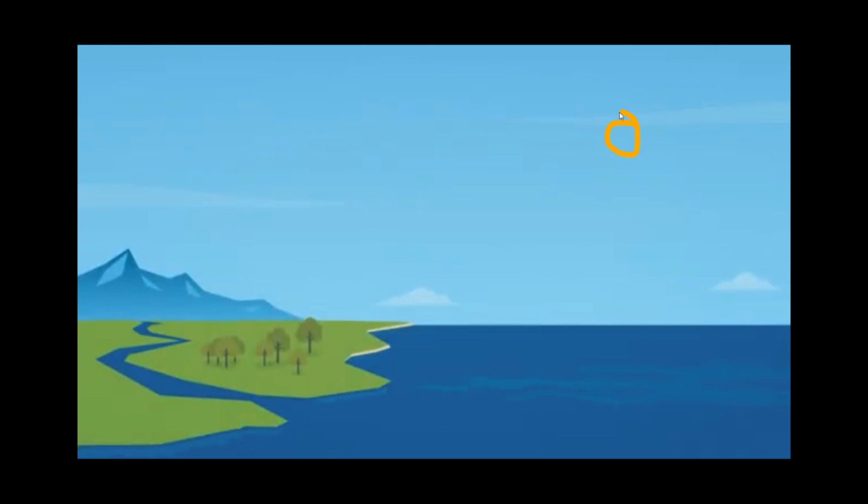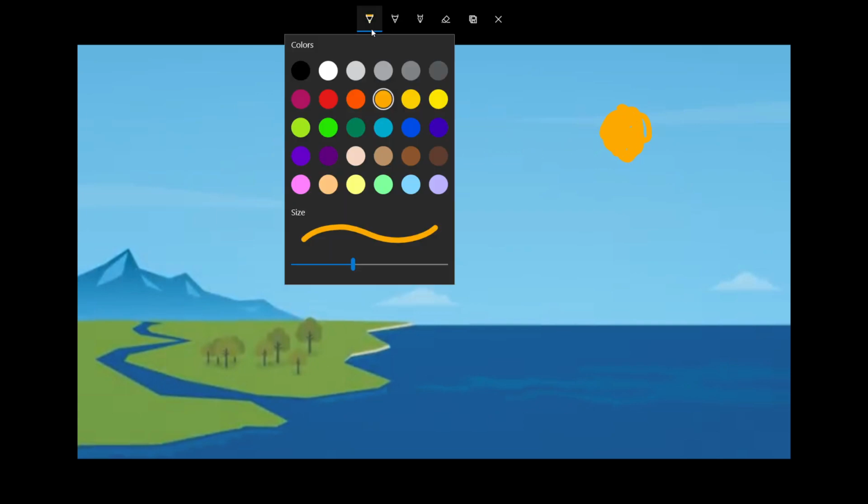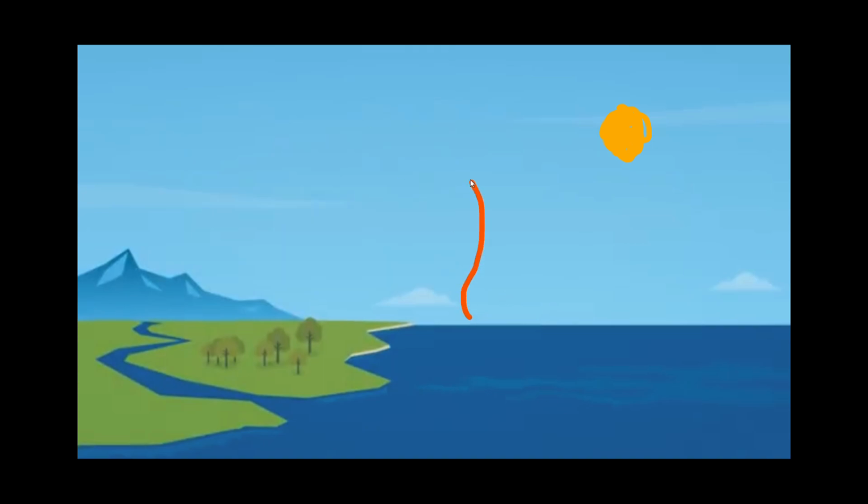So these water droplets rise upward. But what happens once it rises upward? The more it goes upward, the temperature above is lesser than the temperature below.